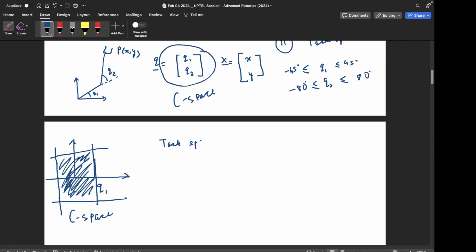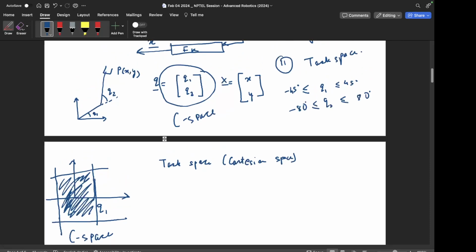Task space, as the name suggests, is the space in which we specify the tasks, and usually it is also called the Cartesian space, since that's the coordinate system that we use most of the time to specify the tasks. So why task space? Because we can specify, make this manipulator go to, let's say, point 1 comma 2, or move this manipulator from 1 comma 2 to 5 comma 10 while following a trajectory.